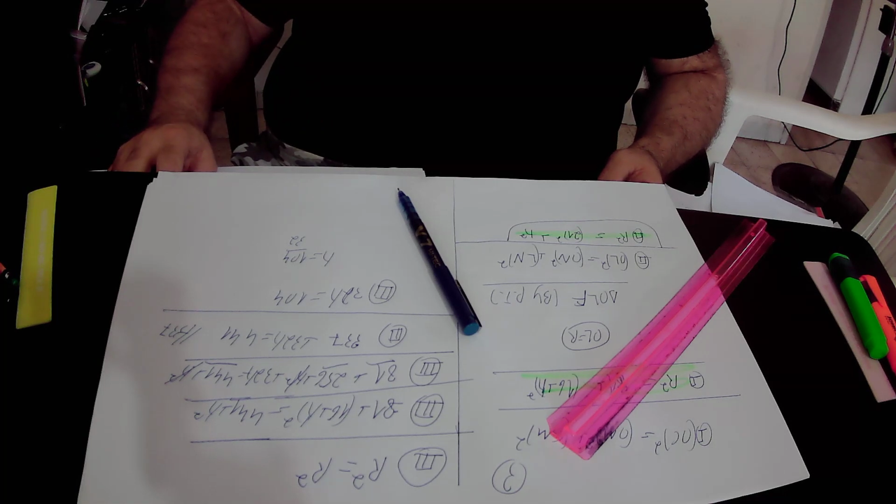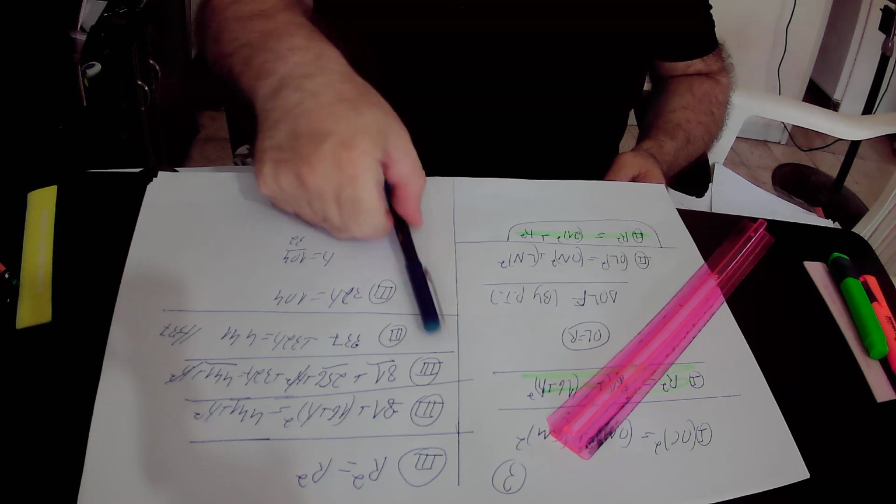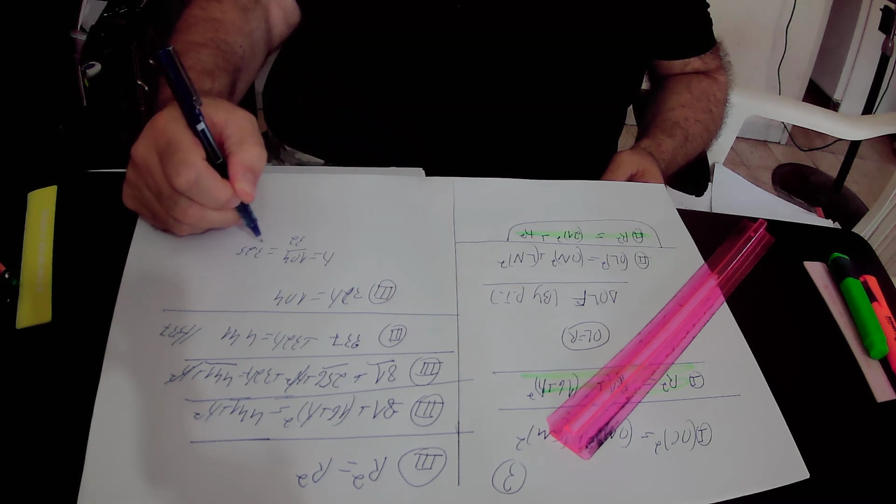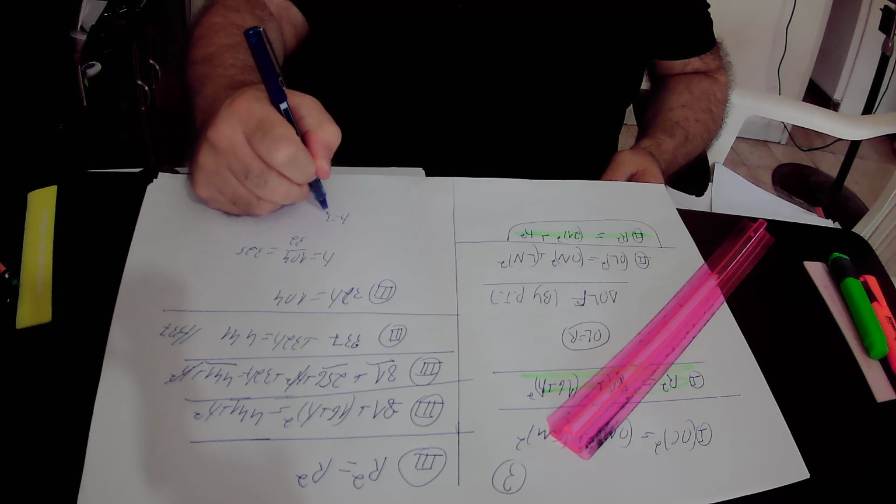And 104 over 32 is equal to 3.25. Okay, h equals 3.25.